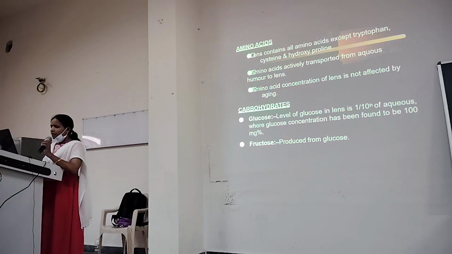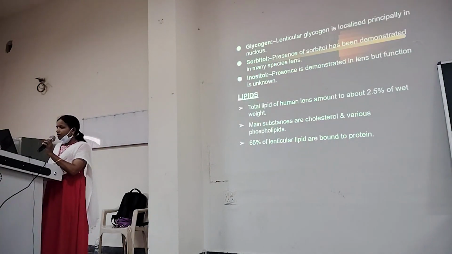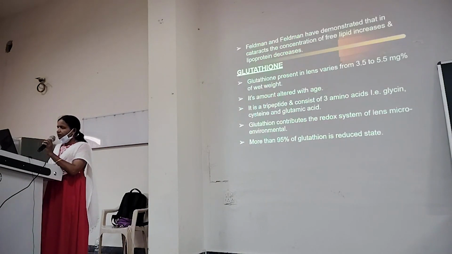The carbohydrates present mainly in the lens are glucose and fructose, and about 1/10 of the glucose comes from the aqueous, and some amount comes from the vitreous also. Carbohydrates and lipids constitute around 1% of the lens biochemical portion.